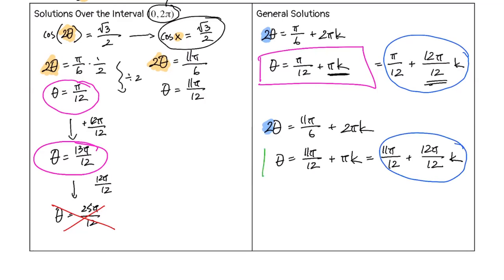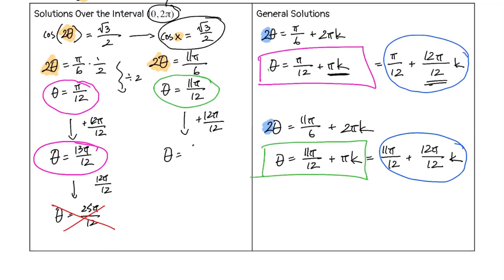So this, we could say, is our second general solution. And in order to find all of the solutions, one rotation around the unit circle, let's add. We get theta equals 23 pi over 12. That's so close to 24 pi over 12, I kind of know I don't need to try another one, right? That's like getting 20 in your cards. You're probably pretty good to go unless you think you're going to get an ace next time, right?